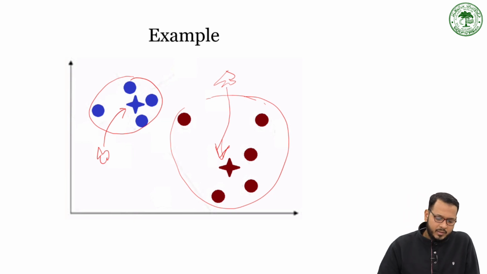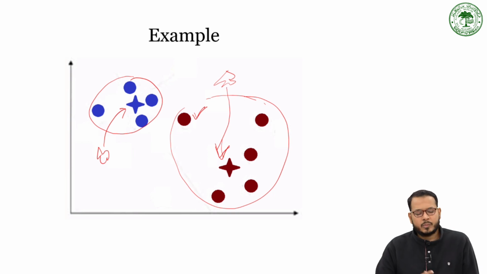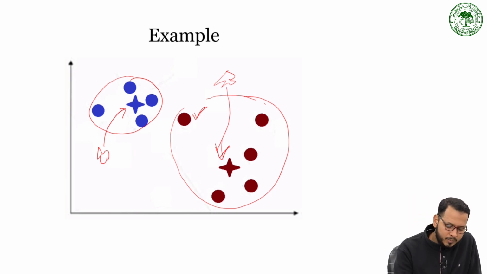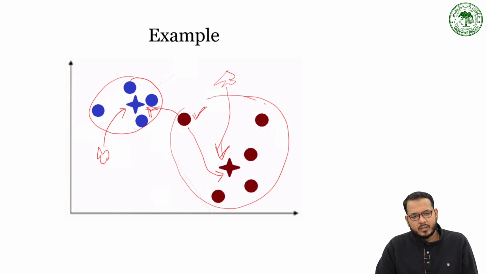For example, if we now focus on this specific point, though it used to be part of the brown cluster, after updating the location of the centroids, we can easily observe that it is now closer to the blue centroid rather than the brown centroid.